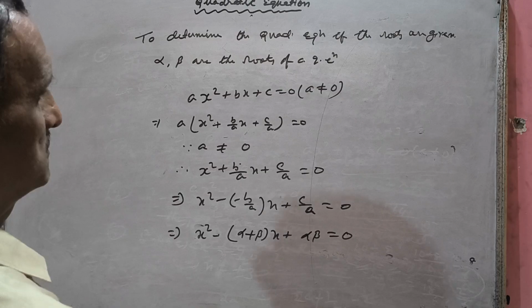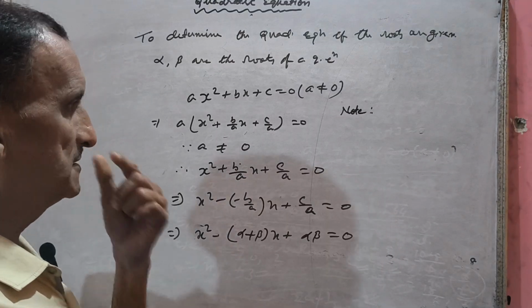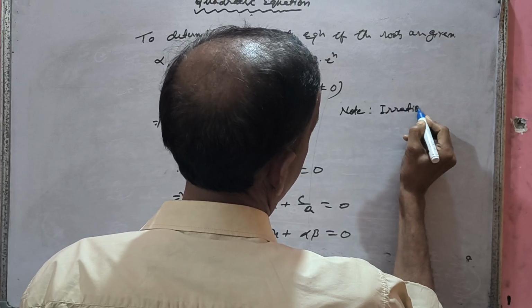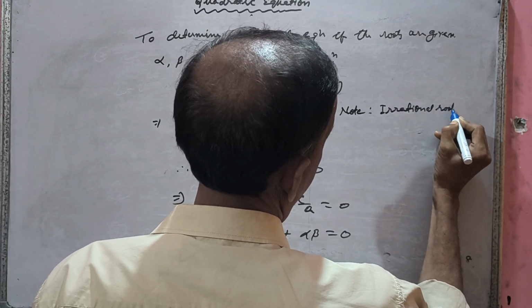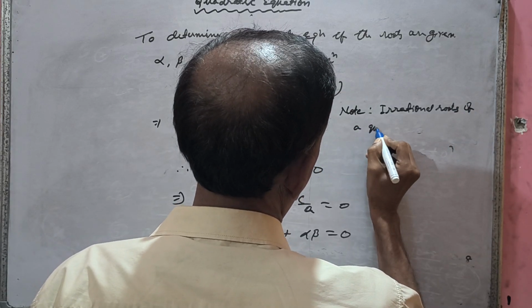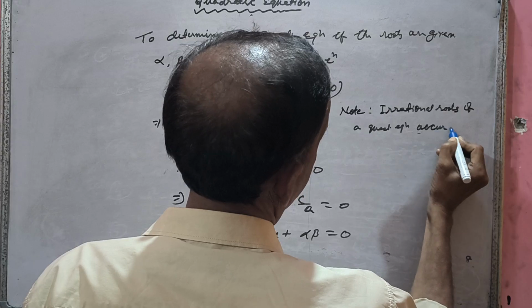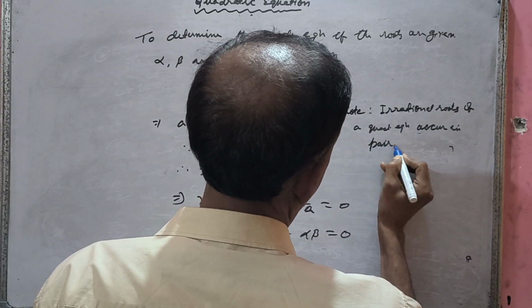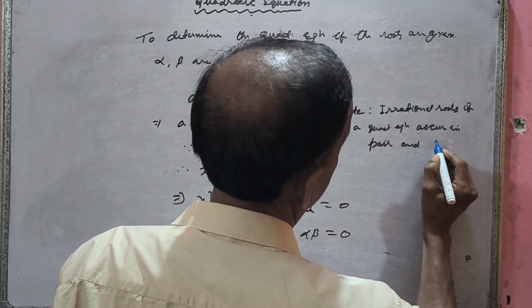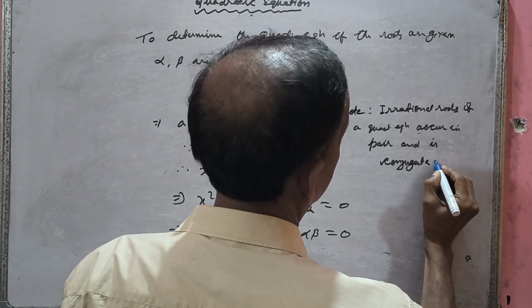Okay, one more note you can note down. Irrational roots of a quadratic equation occur in pairs and are conjugate of each other.